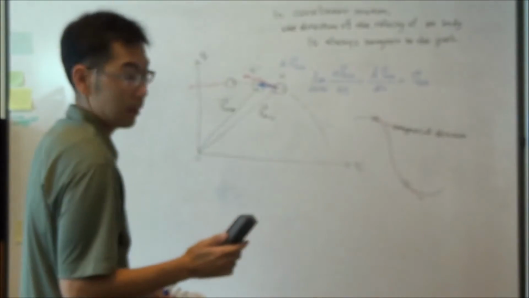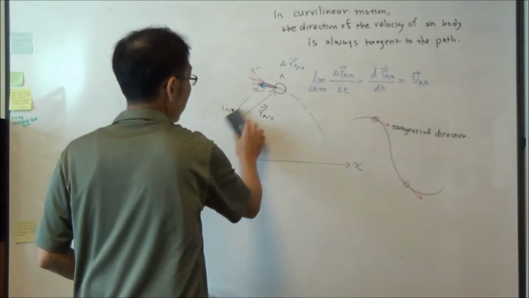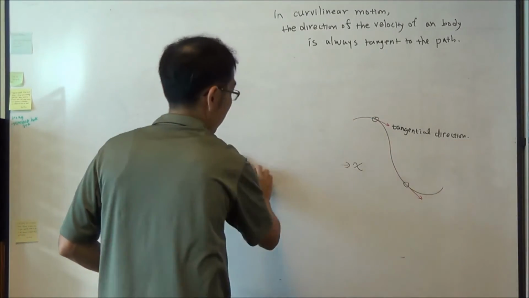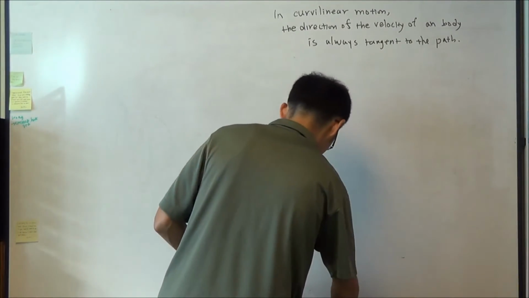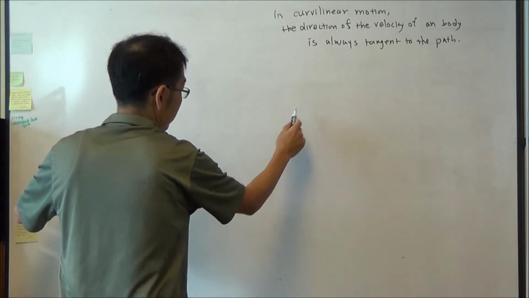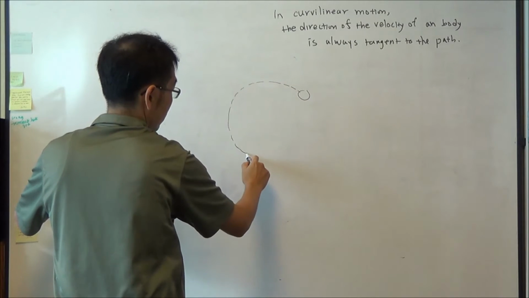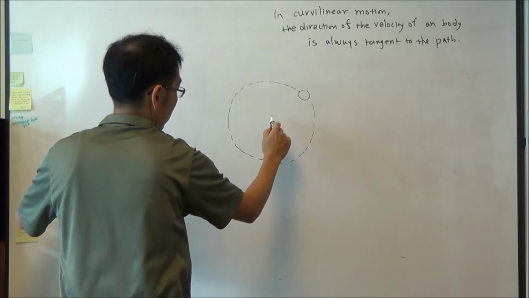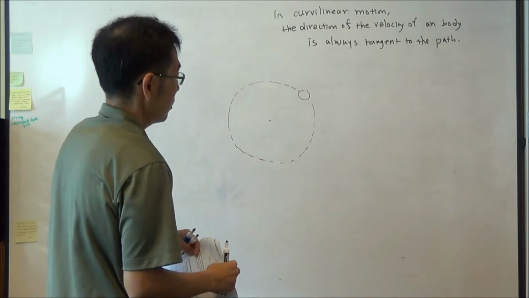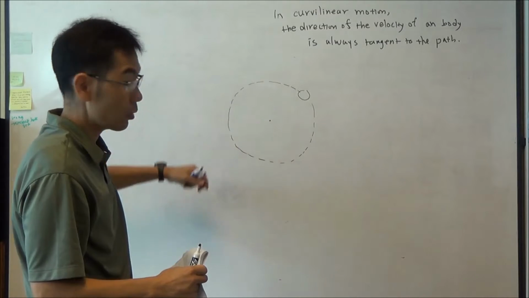Okay, then if you understand this, maybe we can think about one particular motion, which is a circular motion. So let's say your particle just moves along this circular motion.